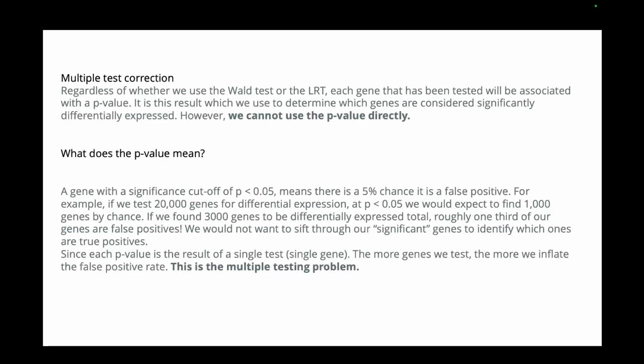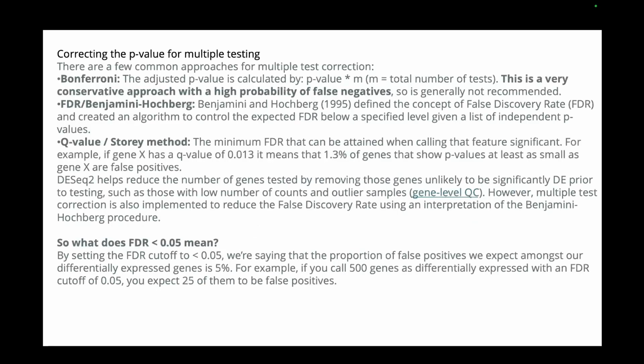The more times you test, the more you inflate your p-value. By inflating I don't mean it is increasing; it is actually decreasing, but the real p-value is much higher than the decreased p-value you get due to multiple testing. This is something we need to correct for.